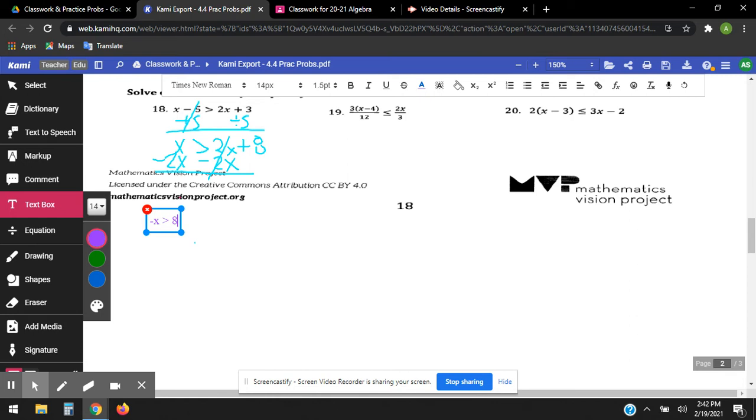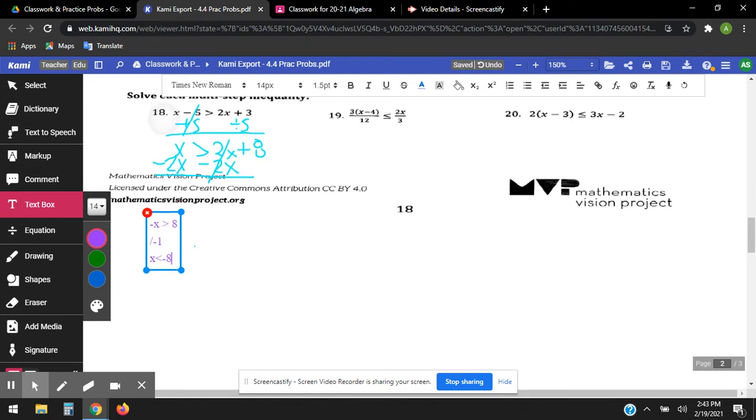And so if I have a negative over here, I actually need to switch my sign, because if I'm dividing by a negative 1 to both sides, then that means I'm dividing by a negative. So x would be less than negative 8. So again, just to double check, if I do a negative 10, negative 10 minus 5 is negative 15.